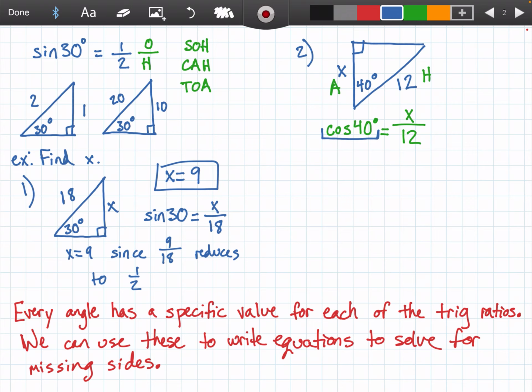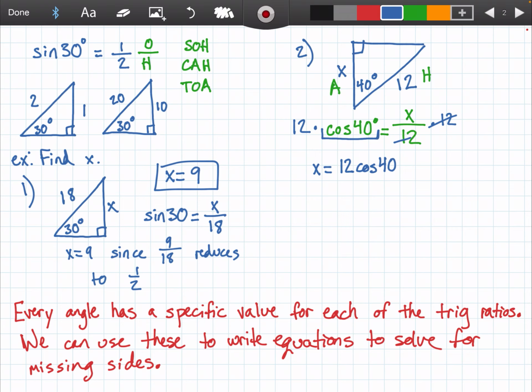That is 0.766. And so what I can do is I want to cancel out my denominator and get x by itself. So I can multiply both sides by 12, because that will cancel out my denominators. I get x equals 12 cosine of 40.